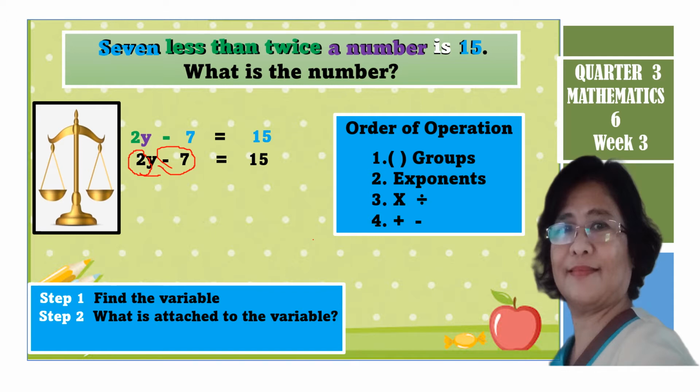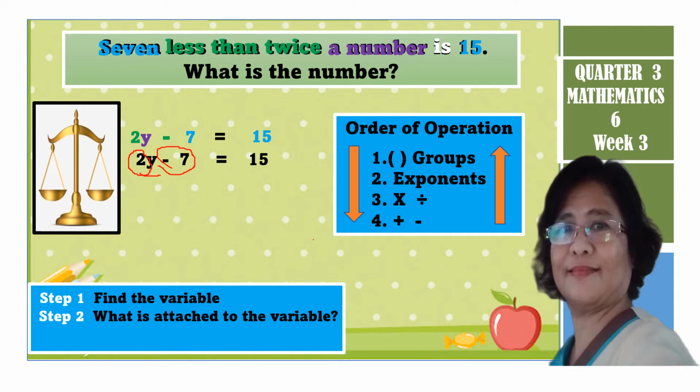Pag sinabing undo the order of operation, di ba ang sinusunod natin in ordering operation is the step 1, we have grouping, second is the exponent, the third is the multiplication and division, and the last one is addition and subtraction. To undo the order of operation, we have to start from addition and subtraction, then multiplication, division, followed by exponent, and the last step is groupings.